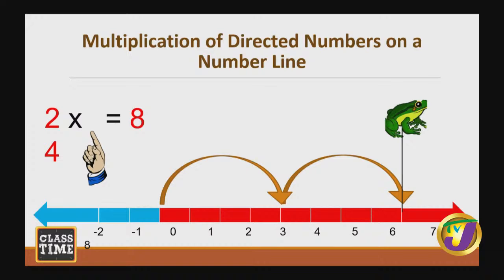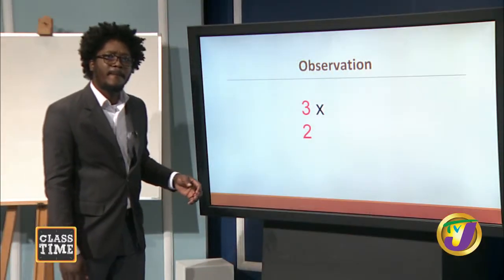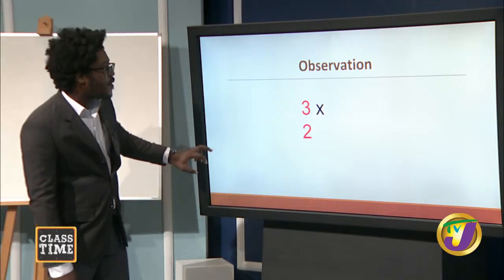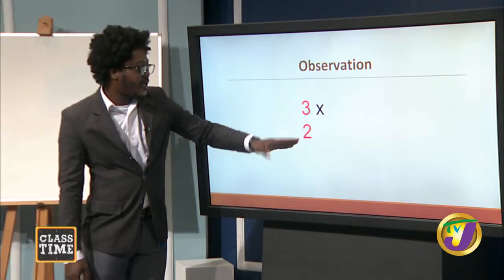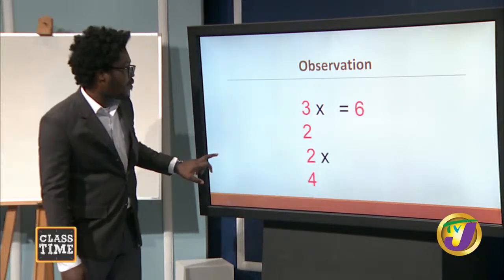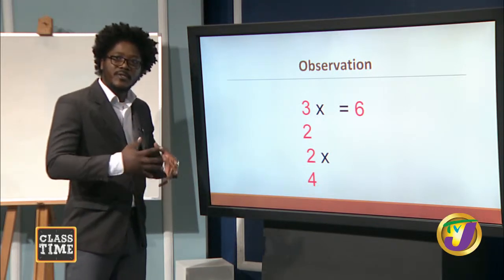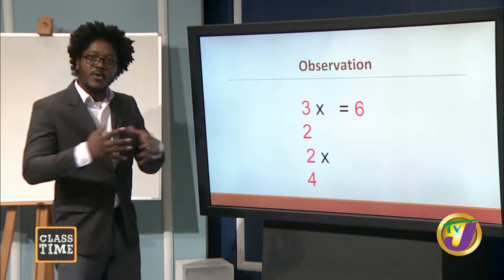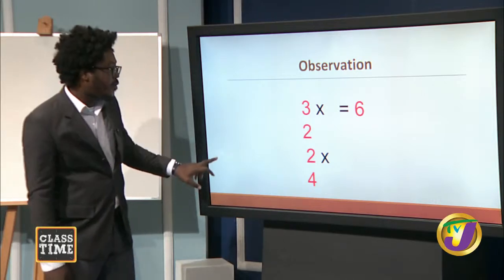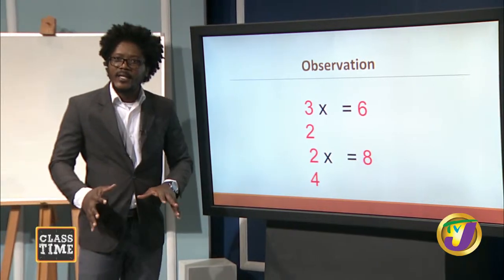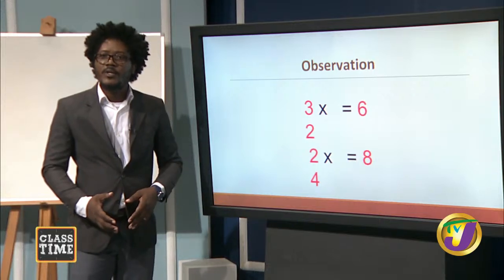Nice. So let's look at what we have done so far. 3 times 2, we got positive 6. Positive 2 times positive 4, we got positive 8. What can we conclude?